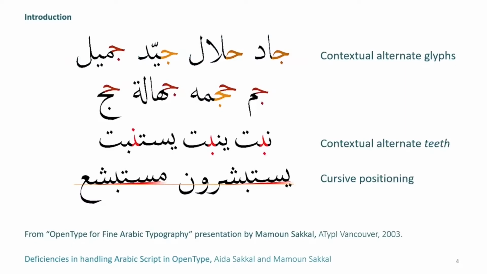These include the ability to provide contextual alternates, especially useful for cursive styles of Arabic text, as well as cursive positioning that allows us to vary the entry and exit heights as glyphs are connected one to another.